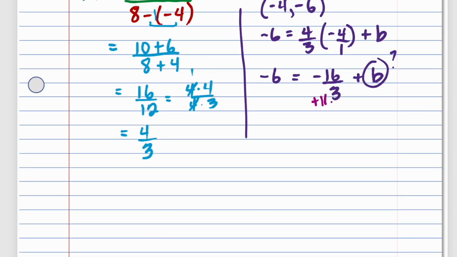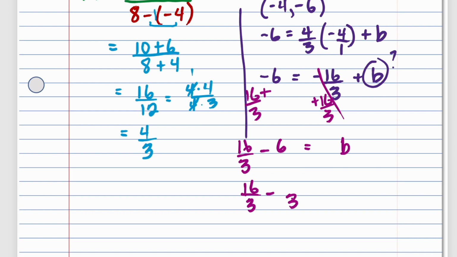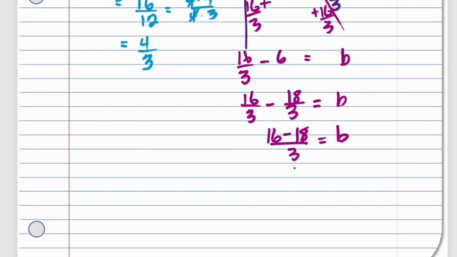We'll add 16 over 3 both sides. b is equal to 16 over 3 minus a 6. We need a common denominator. That gives us 16 subtract 18 over 3 is the b value. And that would be negative 2 over 3 is b.